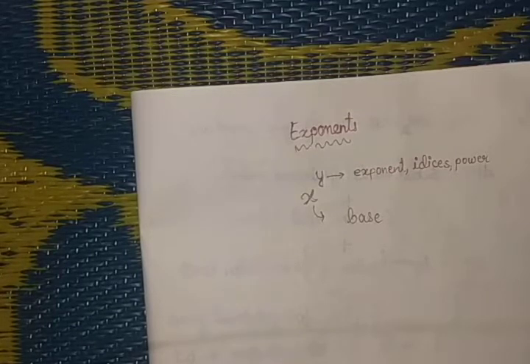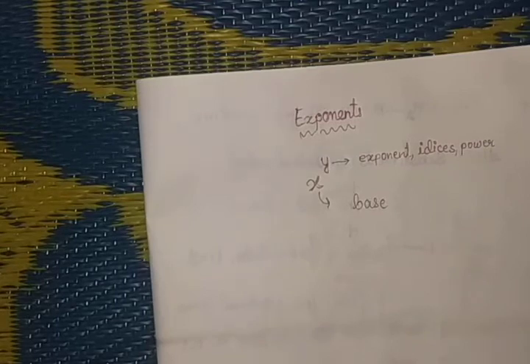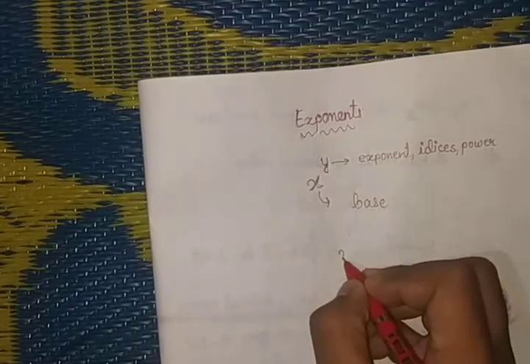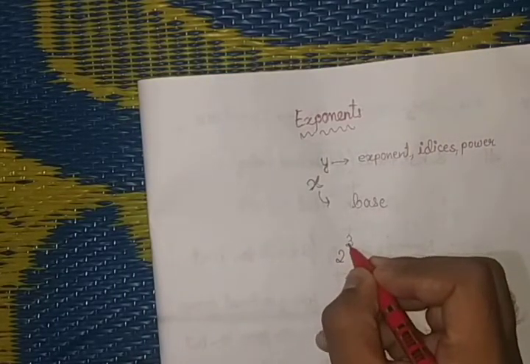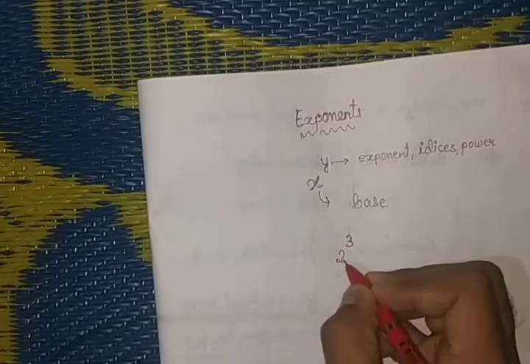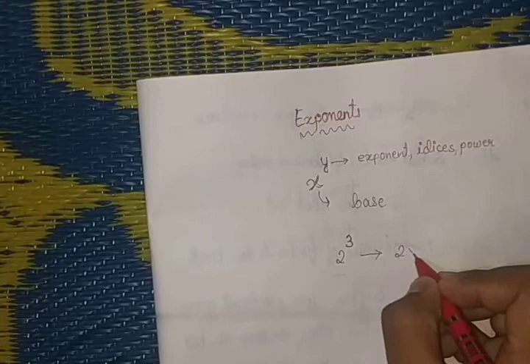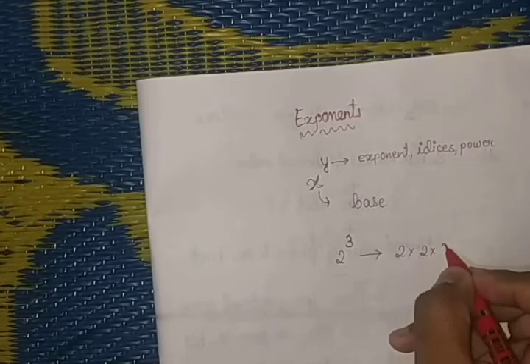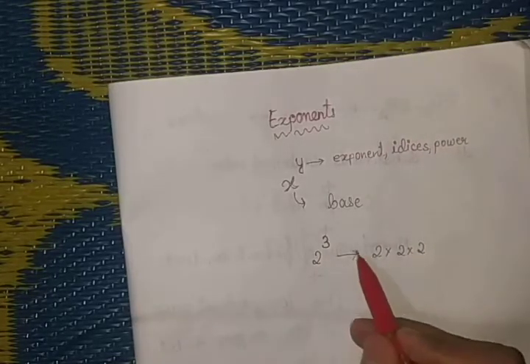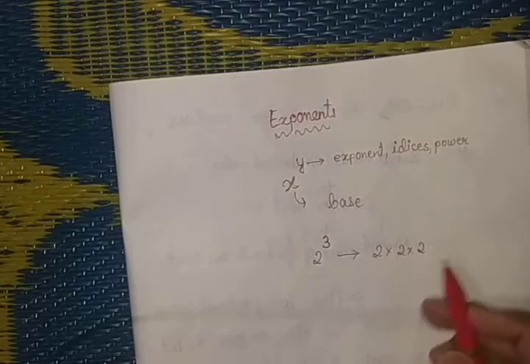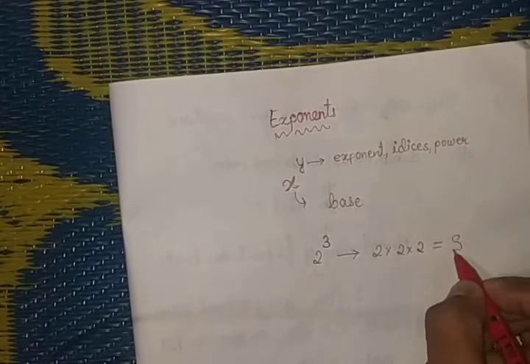Now in this chapter we will be dealing with the exponents and the bases. Suppose a number is written 2 to the power 3, which is read as 2 cube. Then 2 cube means we have to multiply this 2 three times. Then 2 cube is equal to 2 into 2 into 2, which is equal to 8.